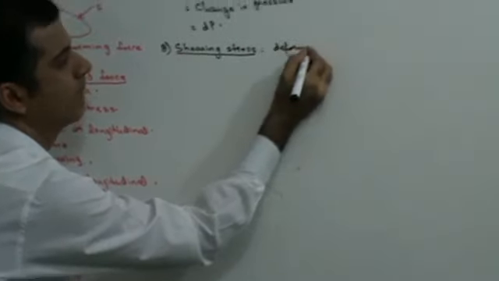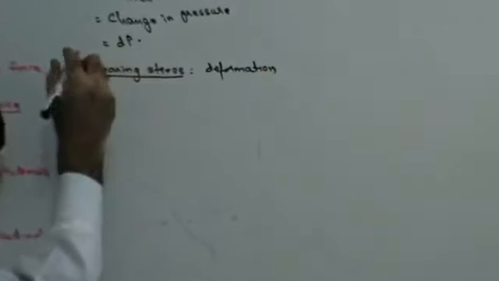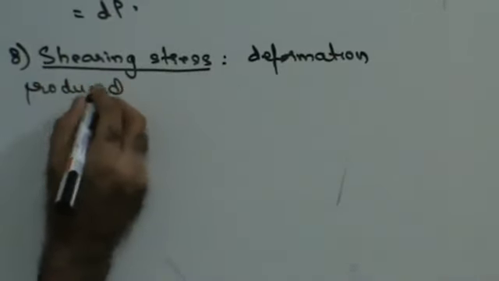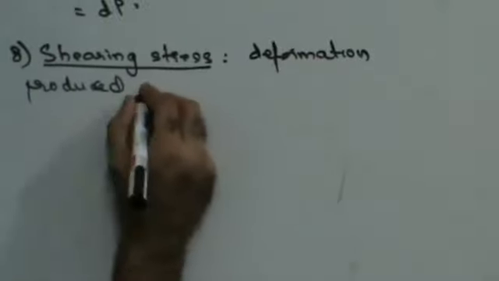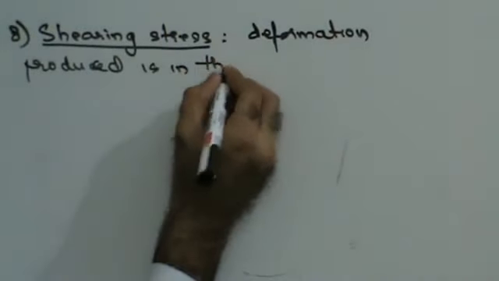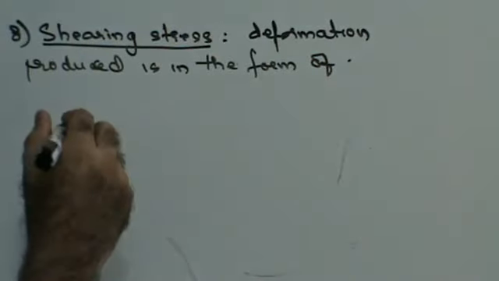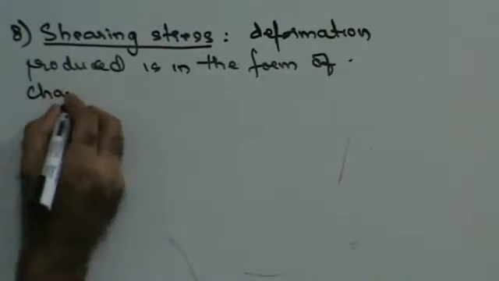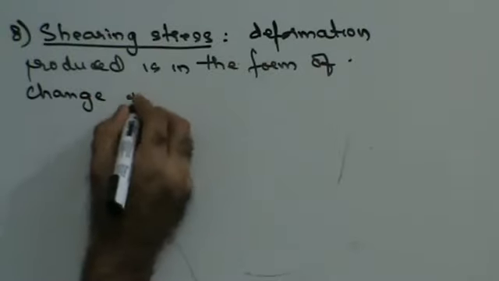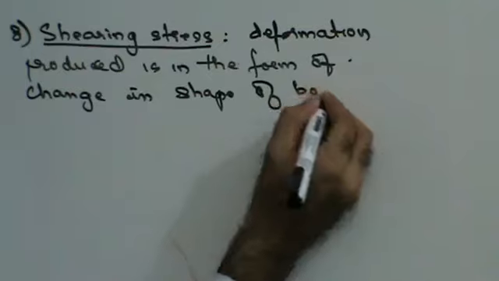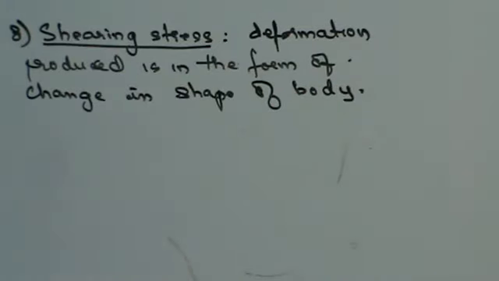Deformation produced is in the form of change in shape of the body, then the stress is called shearing stress.